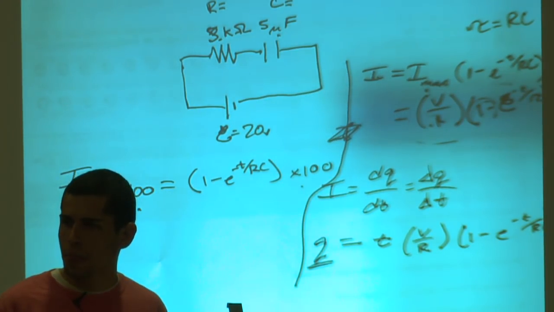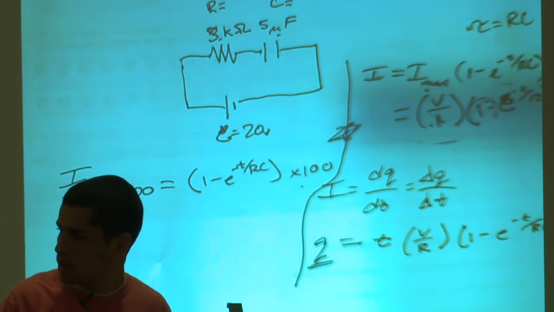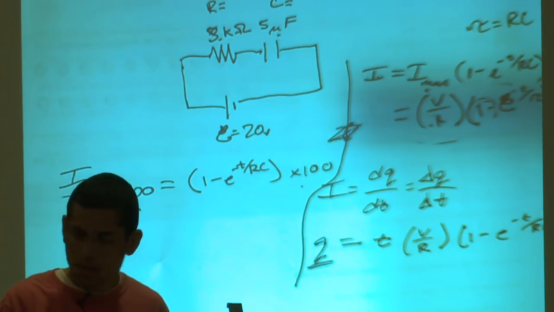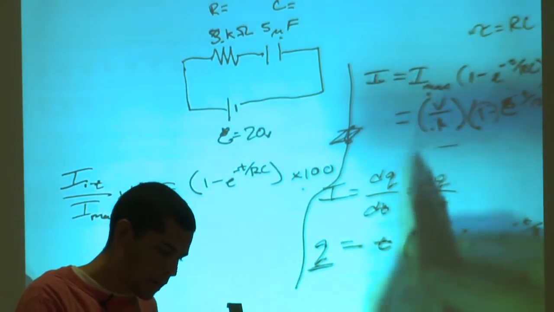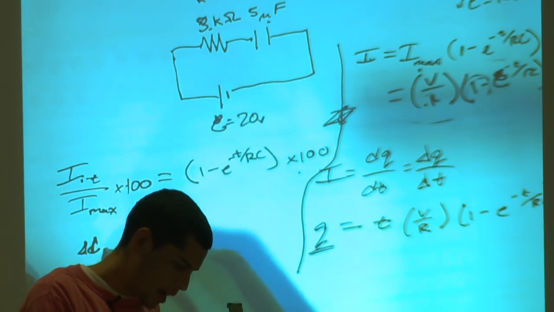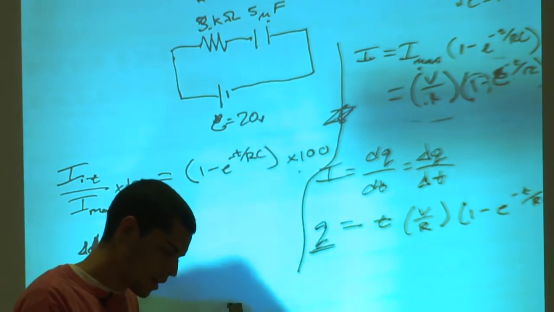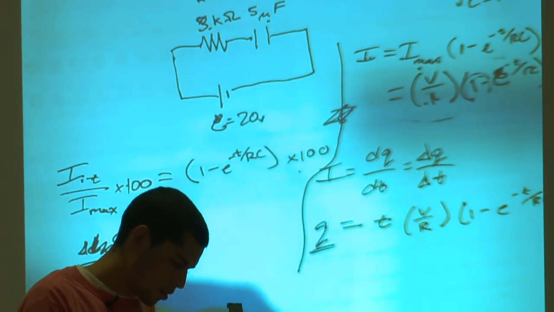Any questions on that? Isn't there another equation just for Q that we could use? If we break up both of these, I is dq at a certain time, so it's q at a certain time over q at a max time, say final.